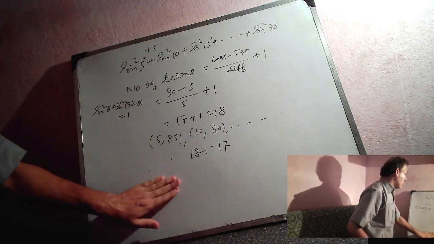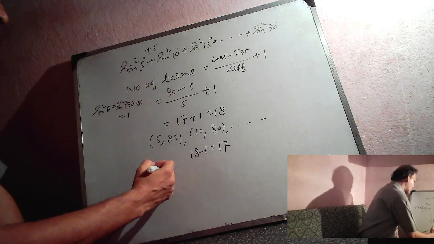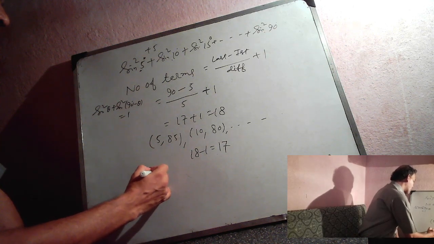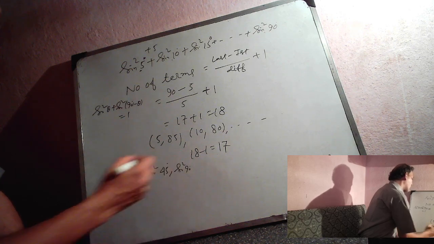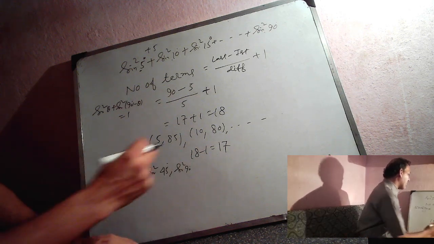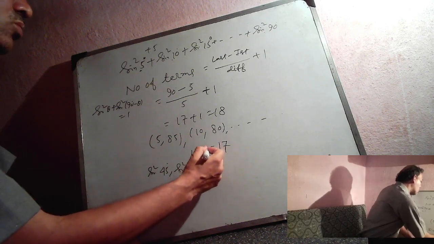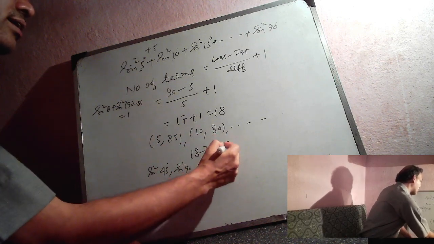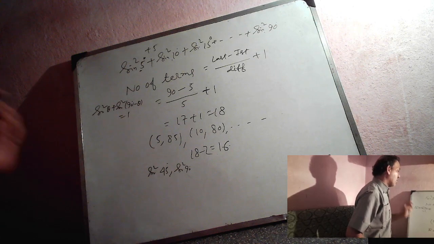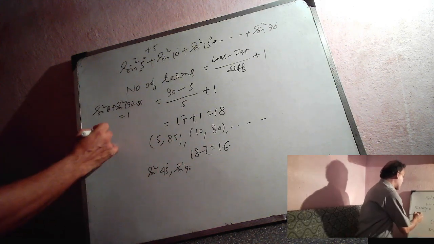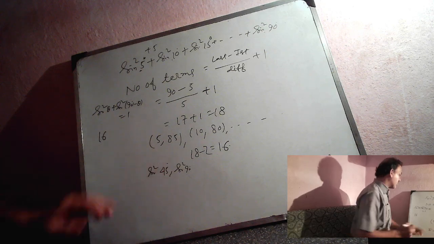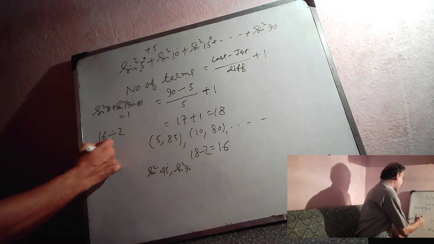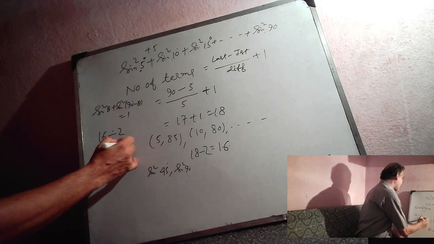That is why we have to exclude sin square 45 degree and sin square 90 degree. So the remaining number of terms is 18 minus 2, which equals 16. So we are left with 16 terms. To make each bracket we need 2 terms, so there will be 8 brackets.